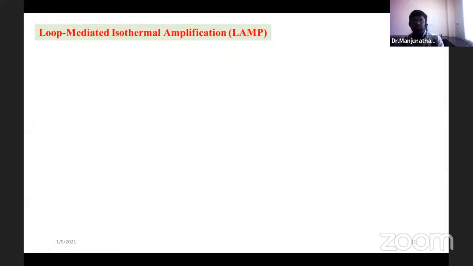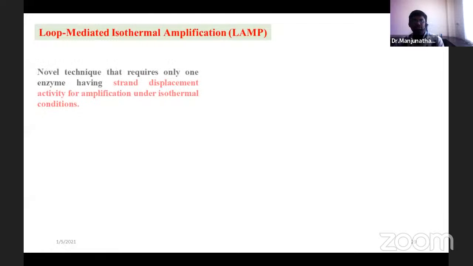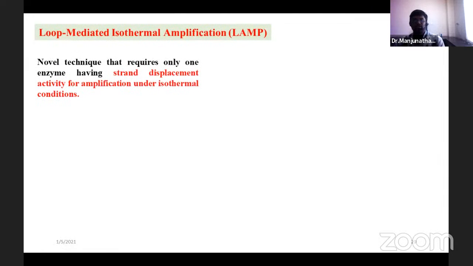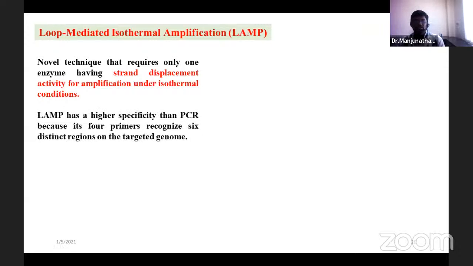Another method, which has been getting popularized in the recent decade, is loop mediated isothermal amplification. It's a novel technique that doesn't require PCR amplification. It needs just one enzyme, Bst polymerase. Based on the strand displacement activity, it will amplify the sample template DNA under constant temperature, that means isothermal conditions.